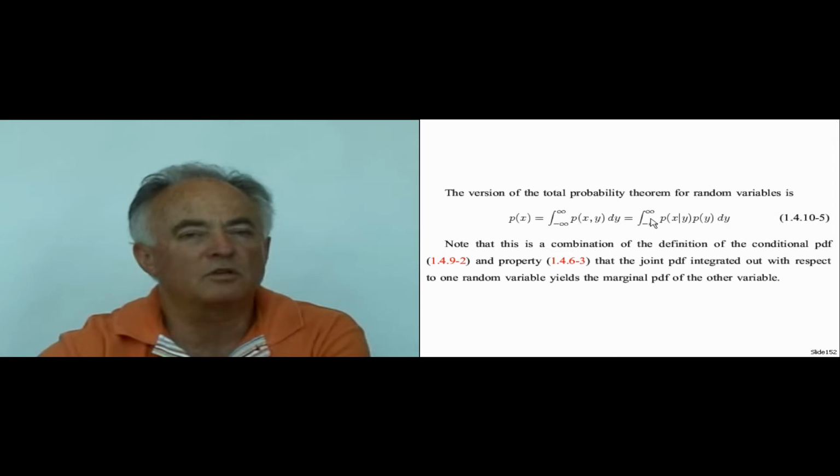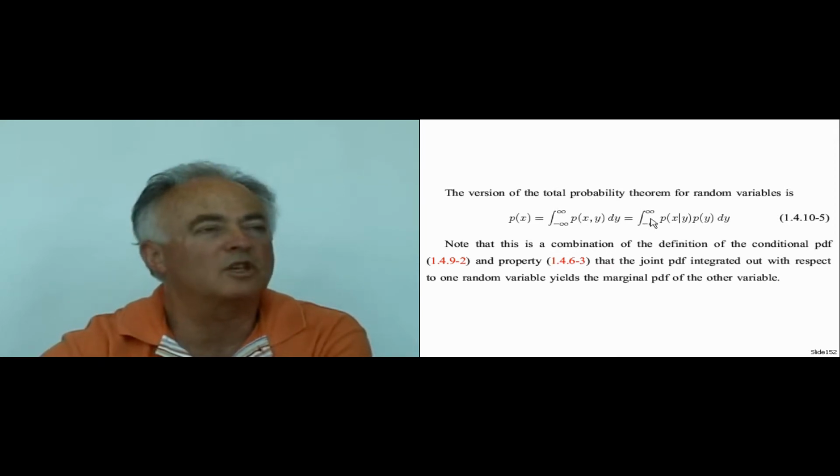This really is completely equivalent to what we have seen for the case of events, namely the integral of p of x given y, py dy, being the same as pxy, is p of x. So this is really a combination of the definition of the conditional PDF and the property that the joint PDF integrated out with respect to one of the random variables yields the marginal of the other random variable.